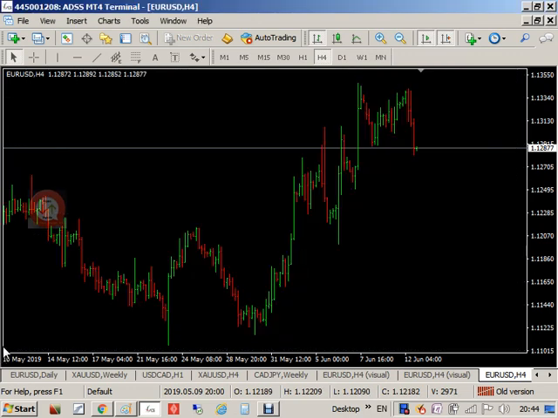Okay, this is a better looking chart. We go for green for the candlesticks.